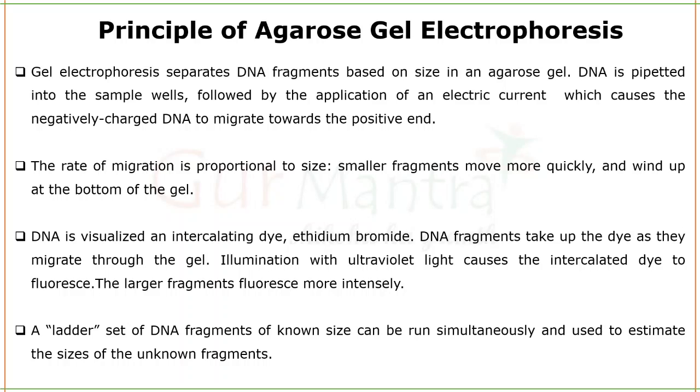So what you can do is use a ladder. The ladder will already have the sizes, like this many kilo base pairs of DNA will be present. So you can simply compare with the ladder and know the size of your DNA fragment. So this is the principle of agarose gel electrophoresis.